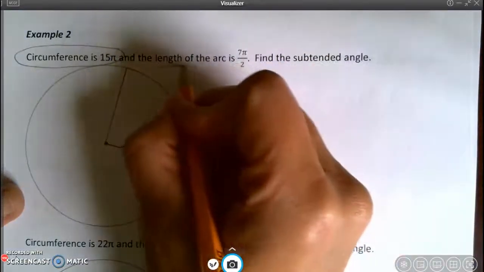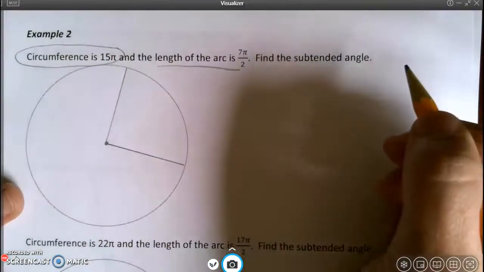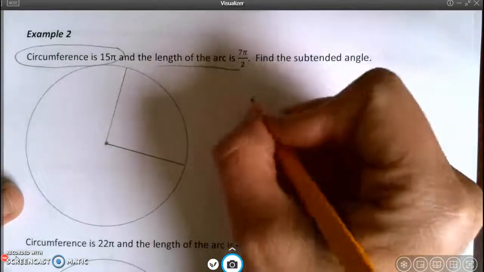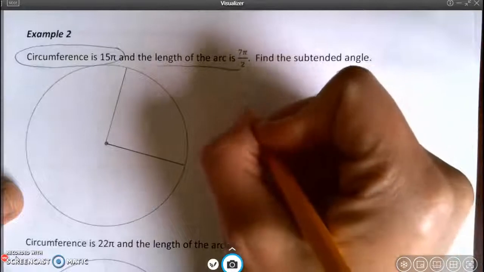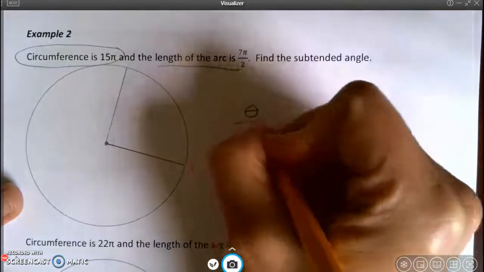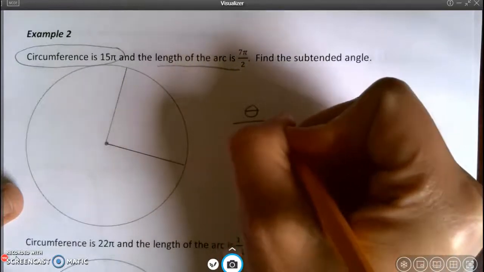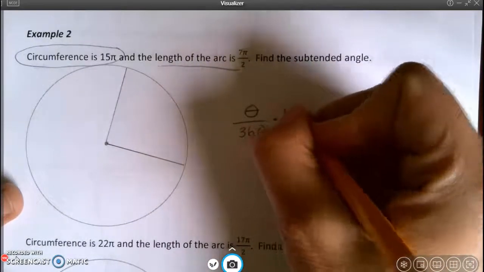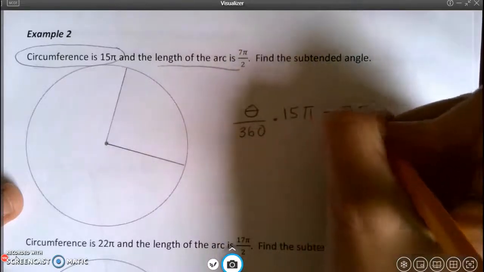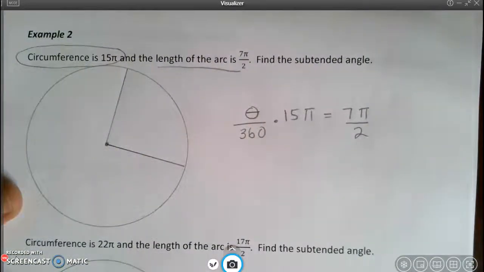I know that the length of the arc is 7 pi over 2, and I want to find the angle. So some angle, I don't know what the angle is, we'll call it theta, divided by 360 times the 15 pi equals 7 pi over 2.